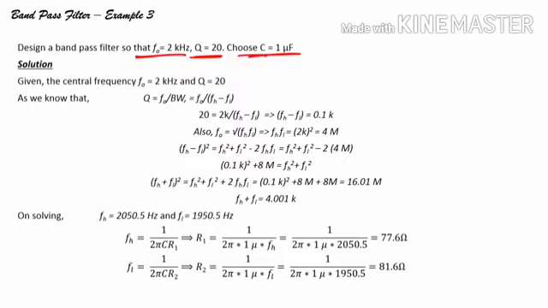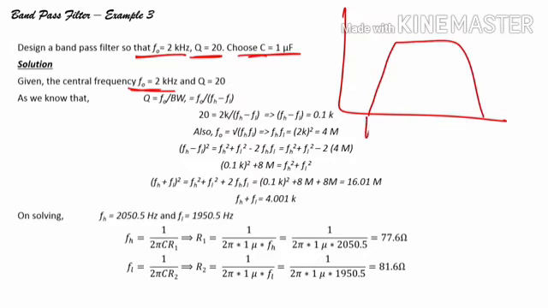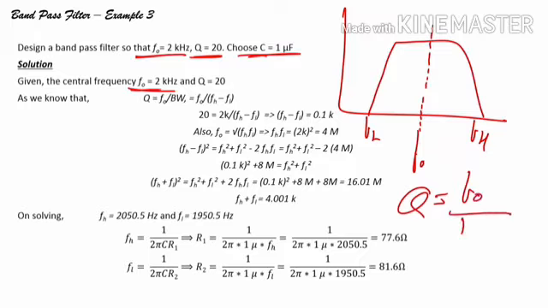In this case, the central frequency is FO. See central frequency: you have FL, FH, and this will be the central frequency, FO, and quality factor is FO divided by bandwidth.